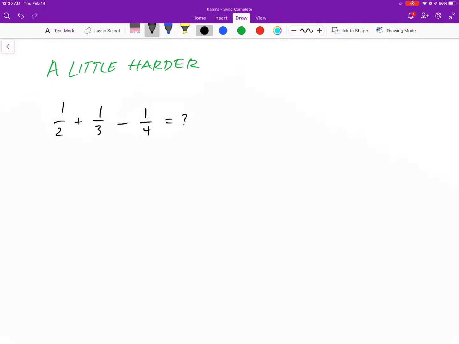What is the first thing that we always look at when adding or subtracting fractions? Let's write that down so we don't forget. What is the first thing we look at when adding, or subtracting, fractions?